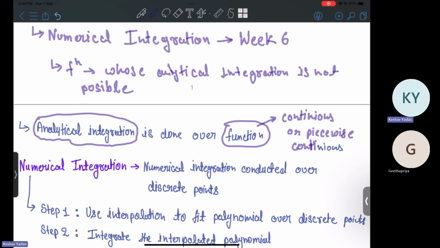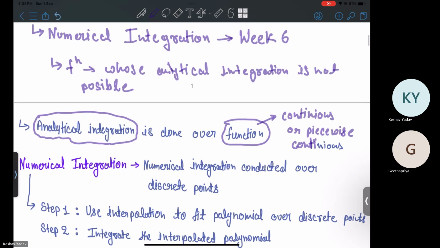In that case, we can go for numerical integration.